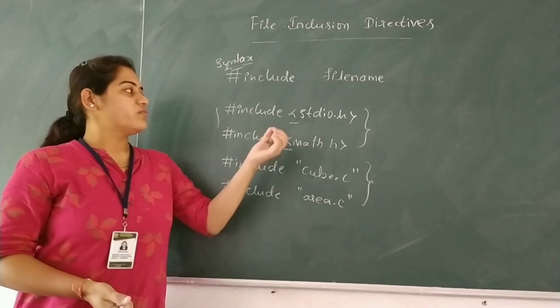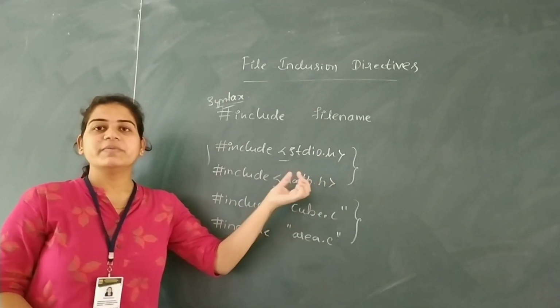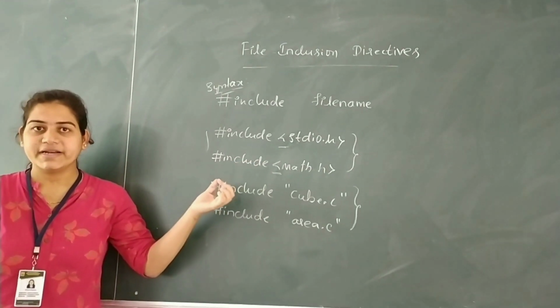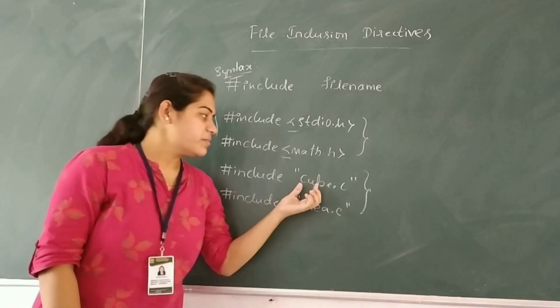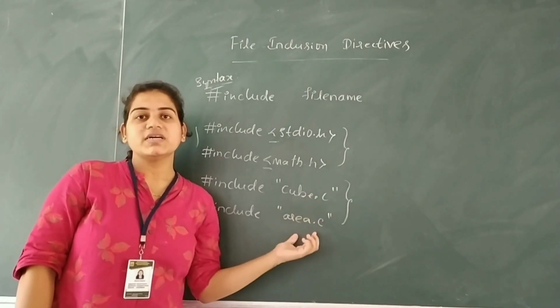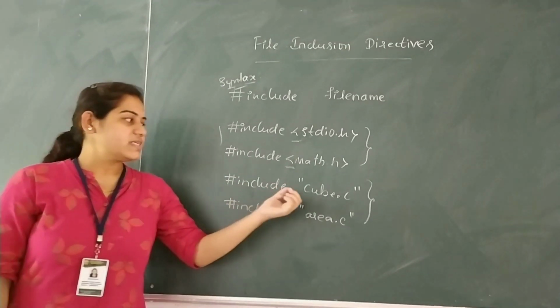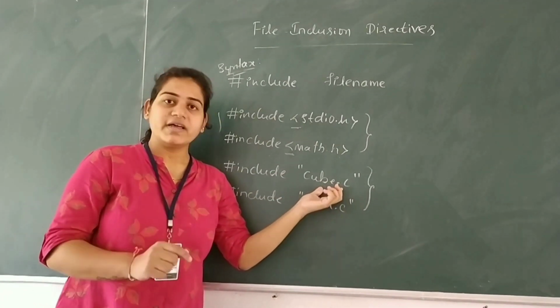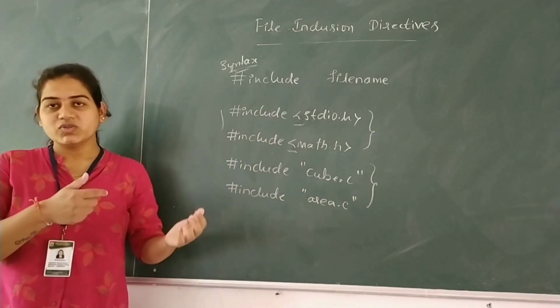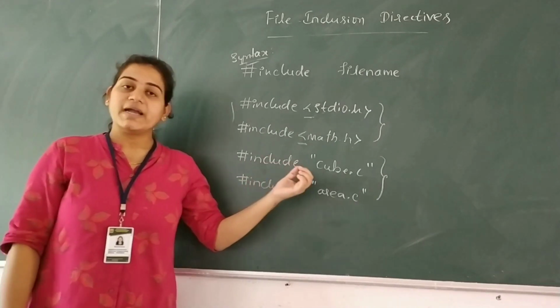So the file name enclosed within angle brackets will always be searched only in the standard directories. When the file name is enclosed within double quotes, the file will be searched first in the current directory in which we are working, and if it is not found there, then the search will go to the standard directory.